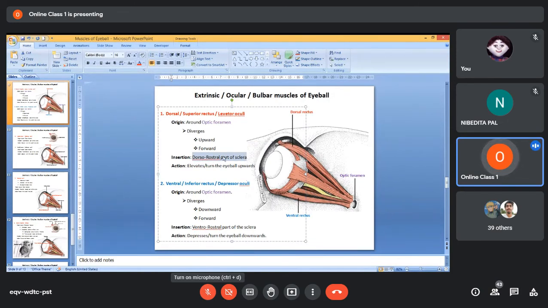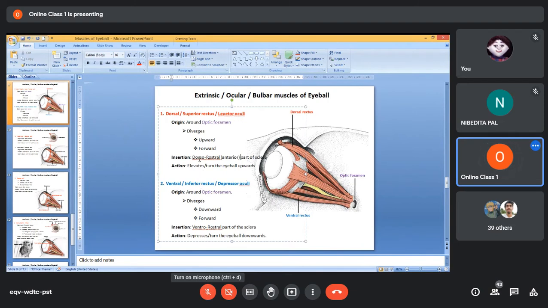If you have confusion, you can just write it as anterior. So it will insert on the dorso-rostral part, the upper and anterior part of the sclera.